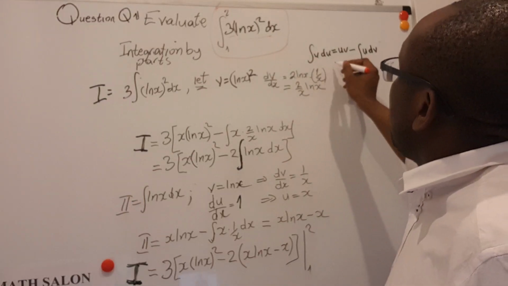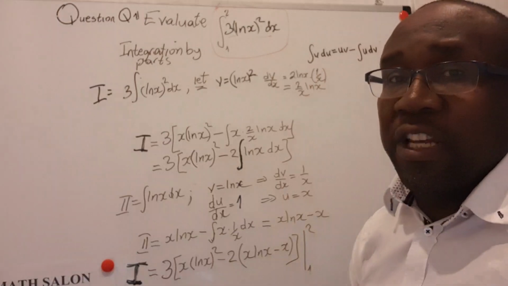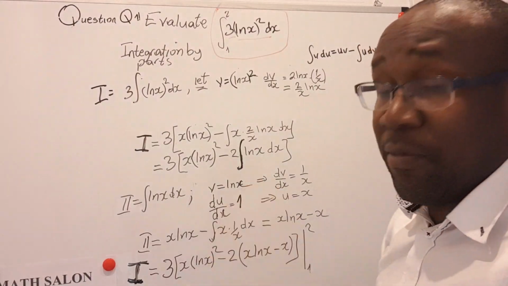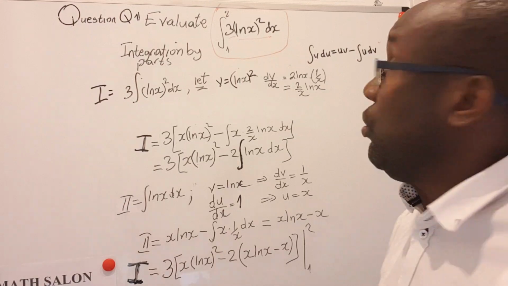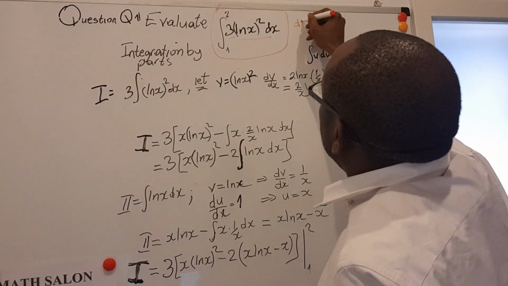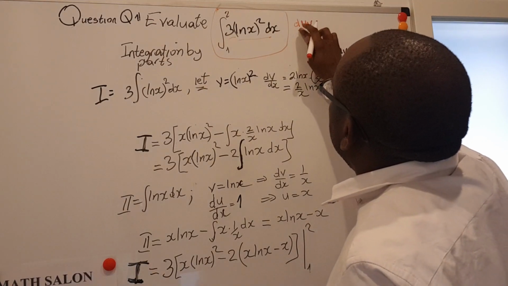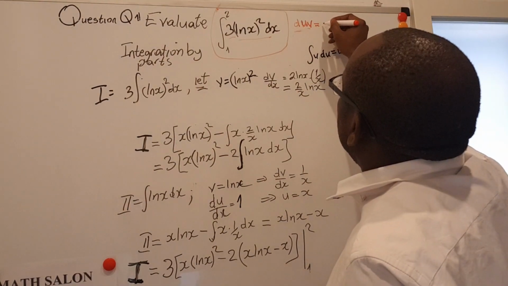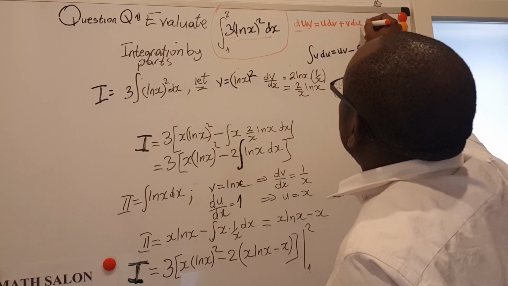The problem now is to be able to remember your integration by parts formula, but usually I don't keep everything in my head. I keep the most important things, for example, the product rule. If you have two functions, u and v, to differentiate, d(uv) is equal to u dv plus v du.